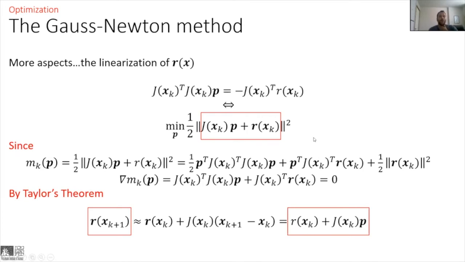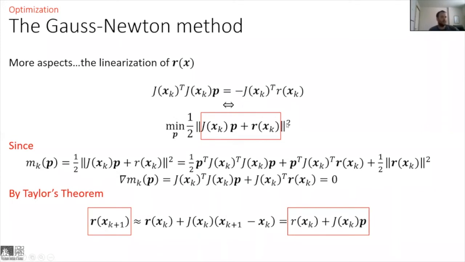Some more nice things about the Gauss-Newton method. An equivalent way of thinking about it is that our function is the norm of the residuals.